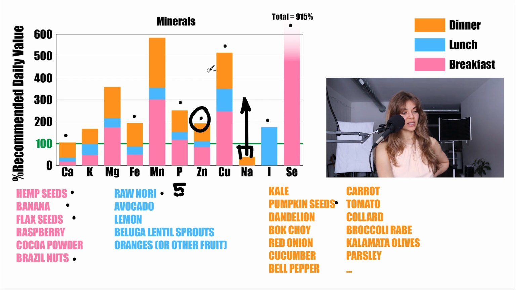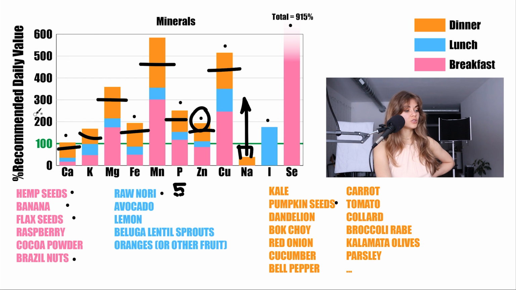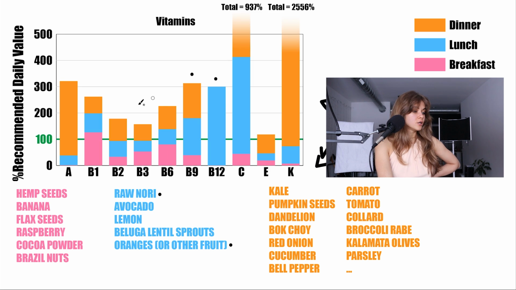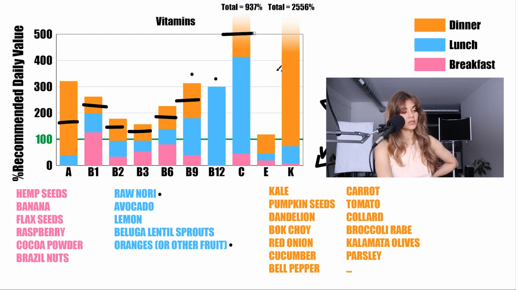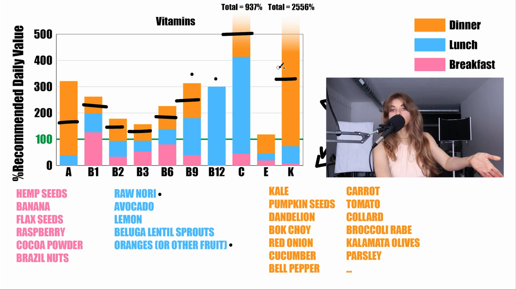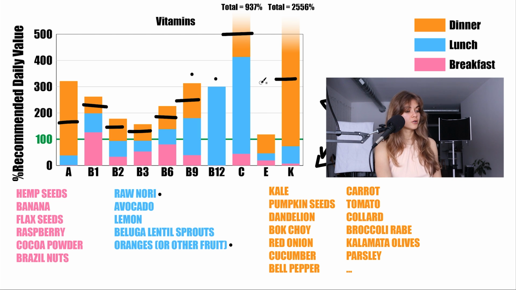If we cut, let's say, this bar alone by half, we can drop calcium down, but we will still be close to what we need to get as the recommended daily value for some abstract human. With vitamins, same story. Let's cut it in half. It doesn't bring us anywhere tragic necessarily.